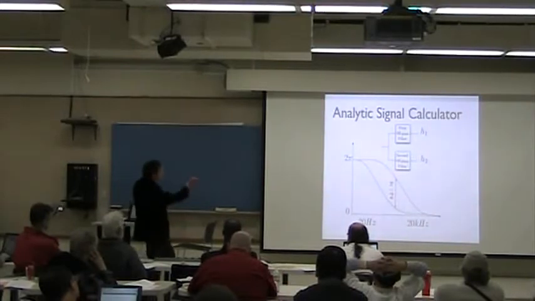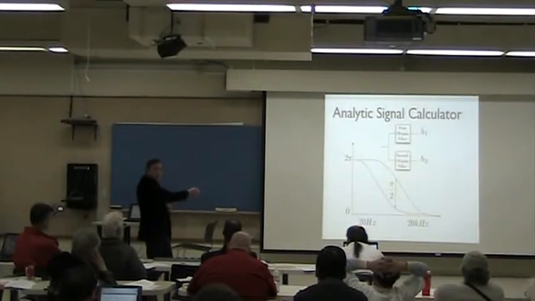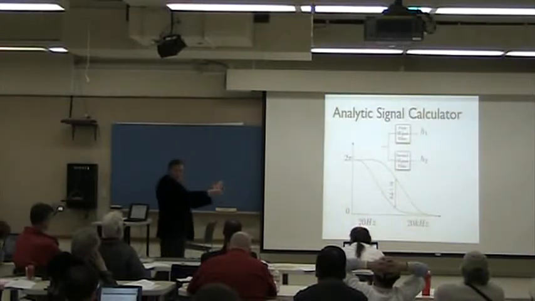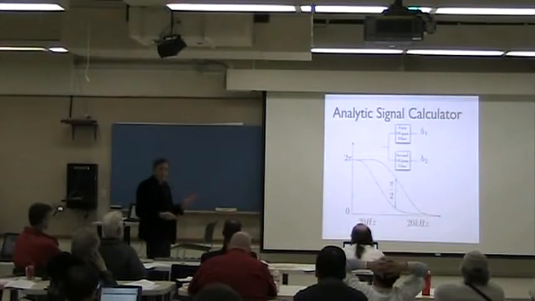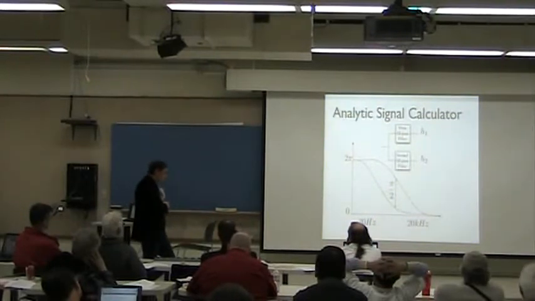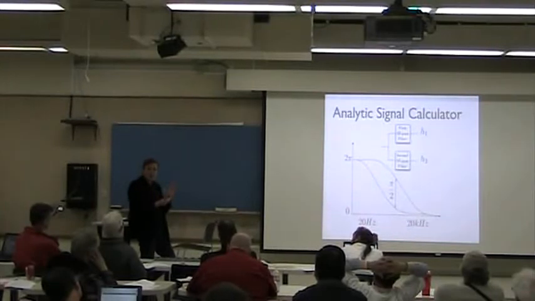So if you have two all-pass filters with slightly shifted phase, and if the difference of the phase for every frequency in the working range is pi divided by 2, then you can consider it as the converter from the real signal to the complex form of the signal. So yes.